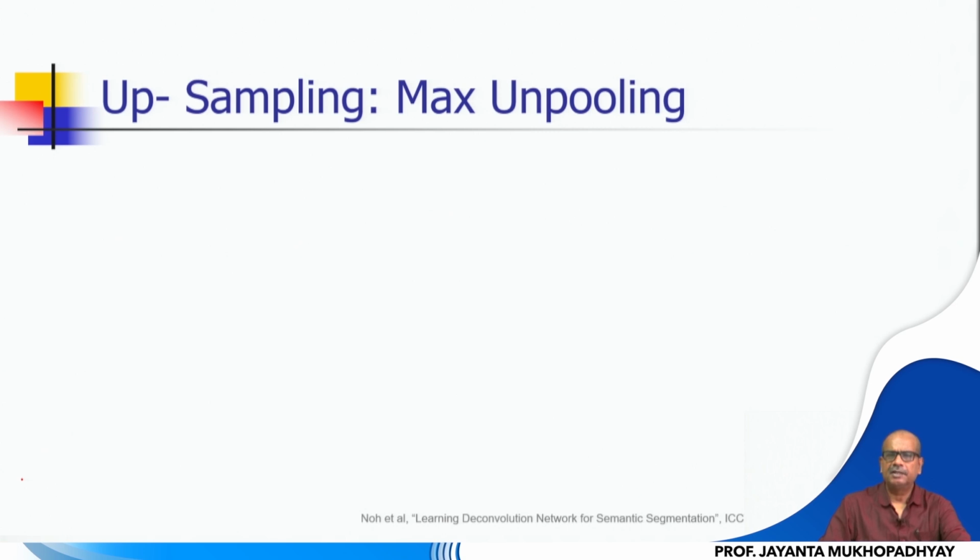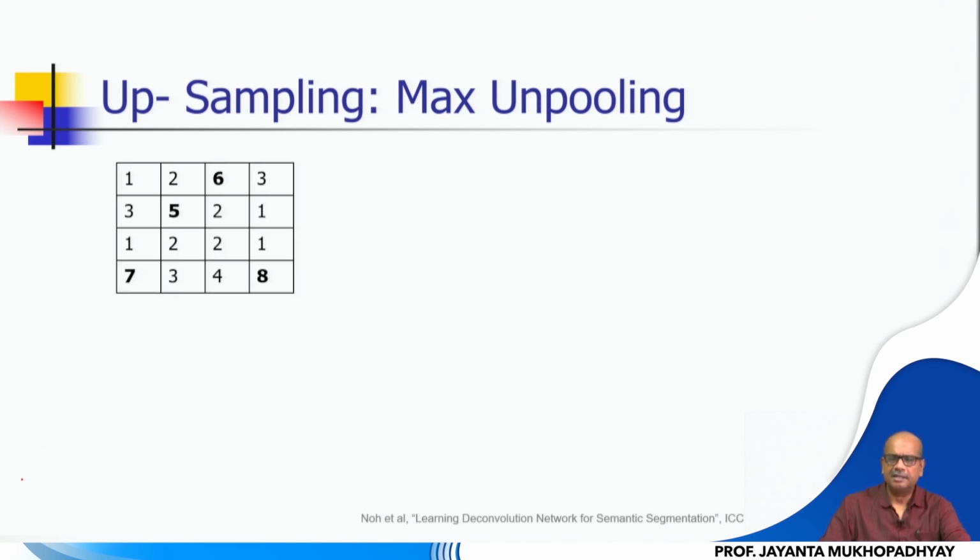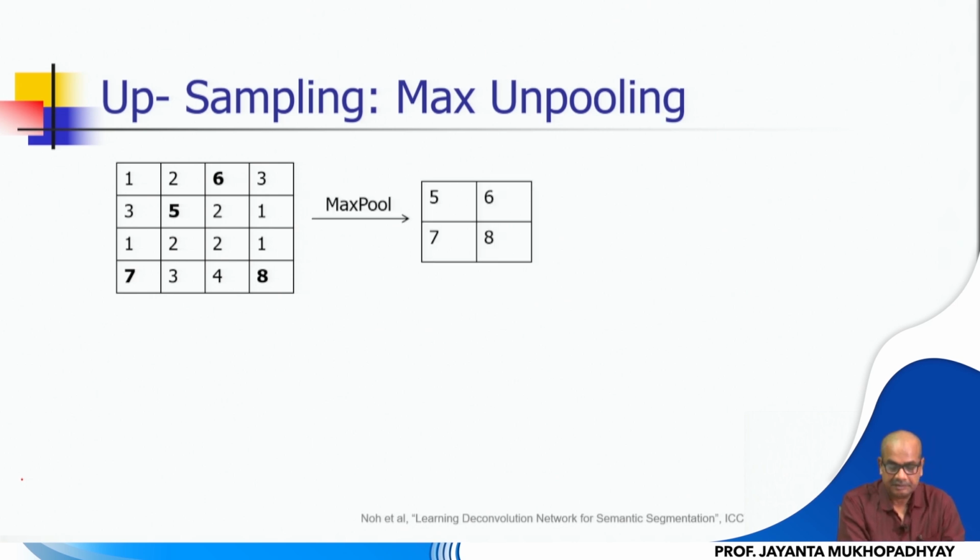So for unpooling, first let us consider the pooling result itself, which we have discussed. Suppose this is the respective feature channel, from where you are performing 2 cross 2 max pooling.